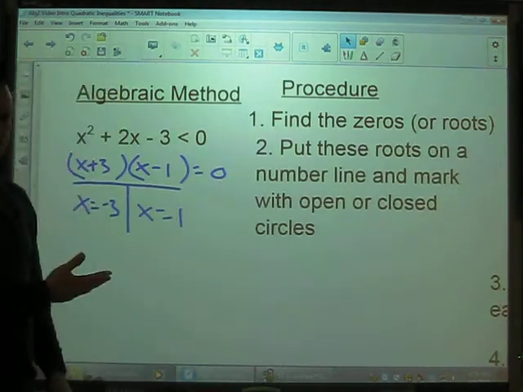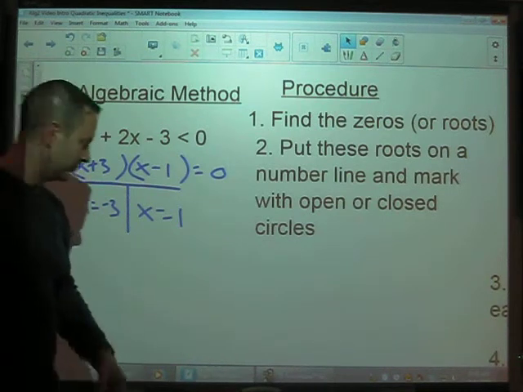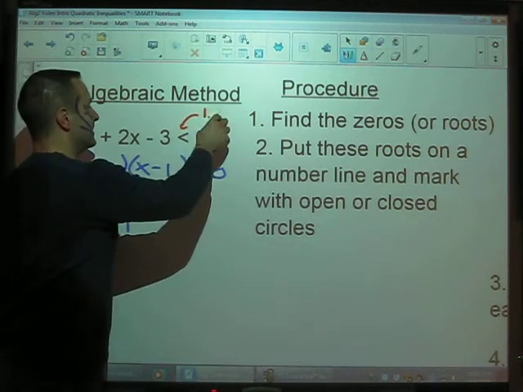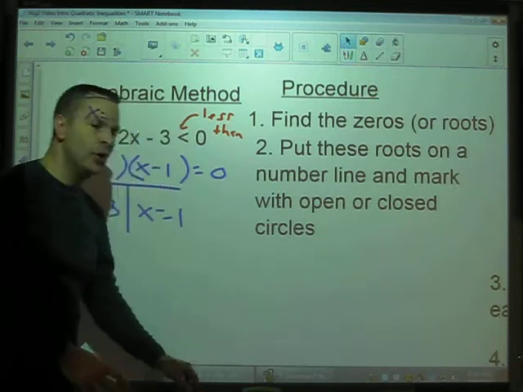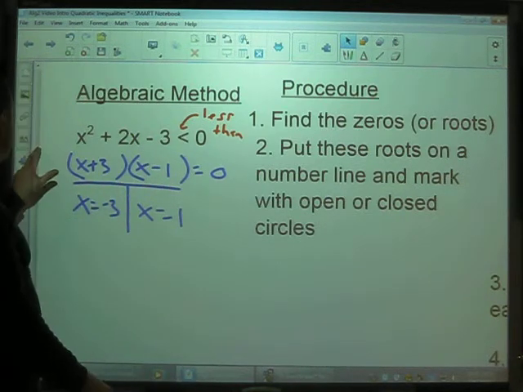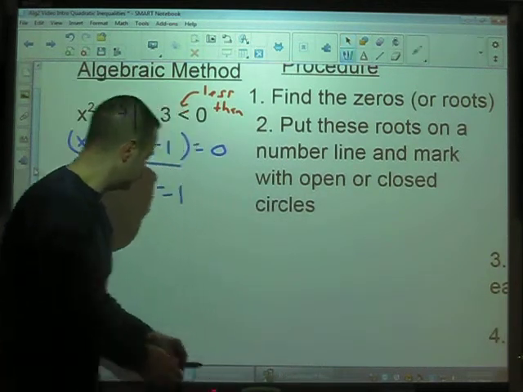Now we want to put these roots on a number line and figure out if we should use open or closed circles. This inequality is pronounced less than. So since it's less than, we don't want to include our values, we want to be lower than that. So to show this, you would use open circles to demonstrate that.